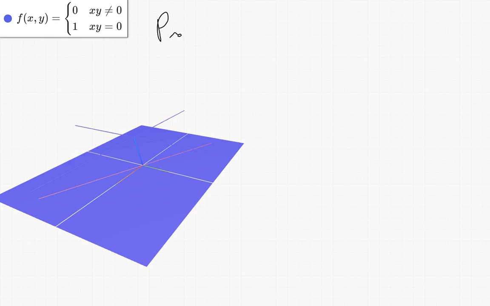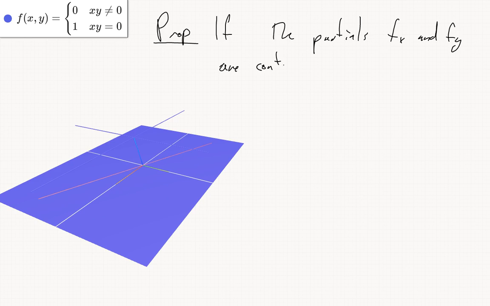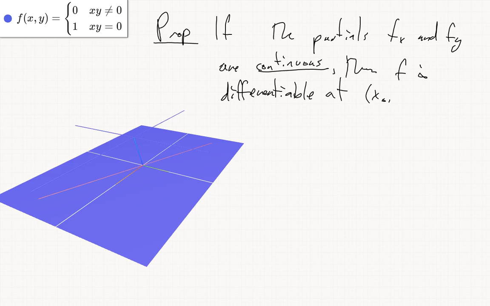So proposition: if the partial derivatives fx and fy are continuous, and notice in this case, the partials at other points other than 0, 0 are not defined, or they go off to infinity, then f is differentiable at x0, y0.